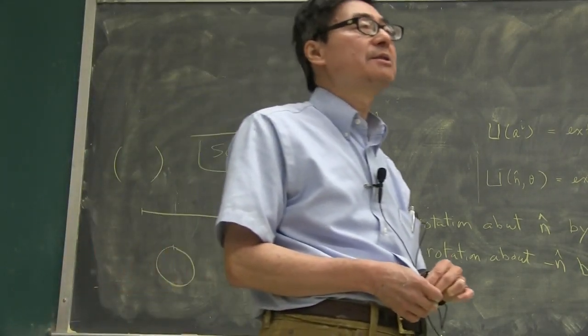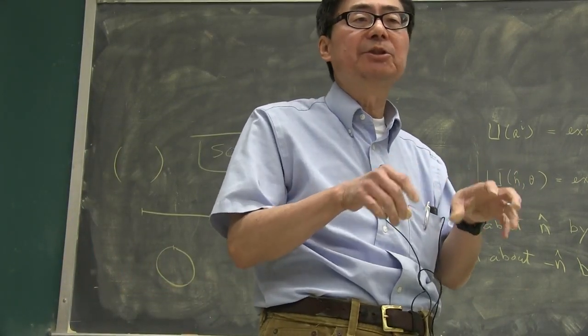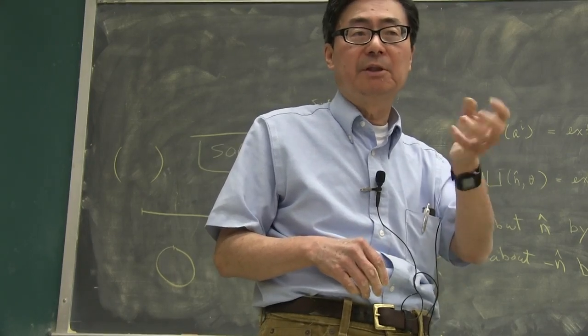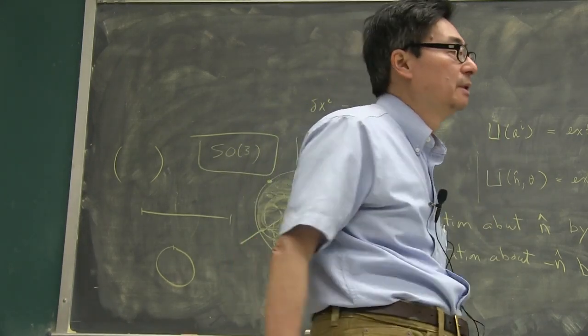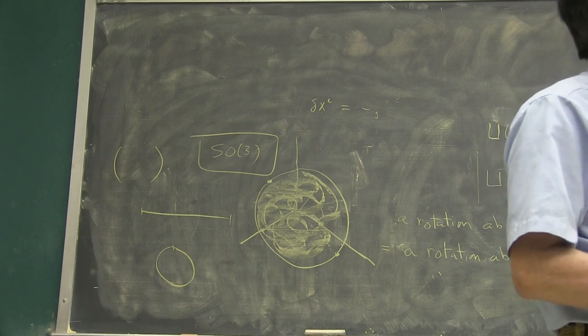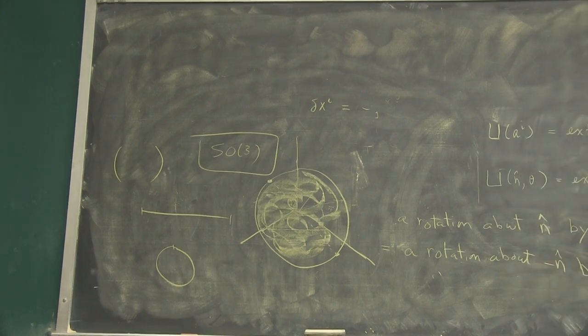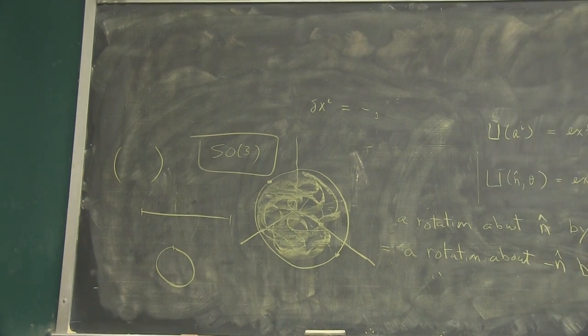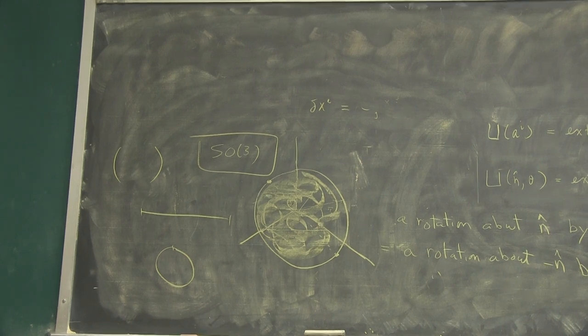Tangent spaces are linear approximations of a particular neighborhood of a manifold. And linear approximations correspond to small changes in a certain neighborhood. And so these infinitesimal generators, such as the linear momentum or the angular momentum, can be thought of as objects living on tangent spaces of this group manifold.